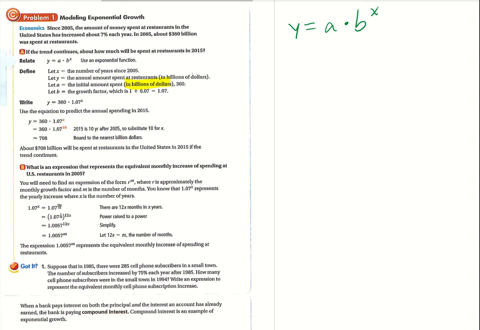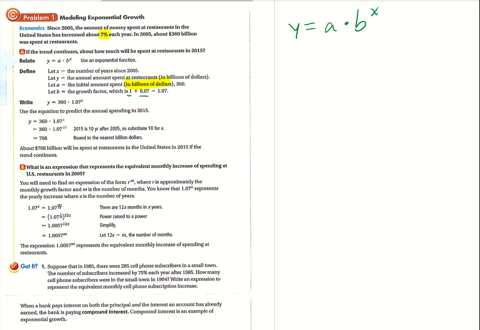That 0.07 comes from the 7% that we have up here. Like I said, we add 1 to whatever that rate of growth is, and that will give us our growth factor.